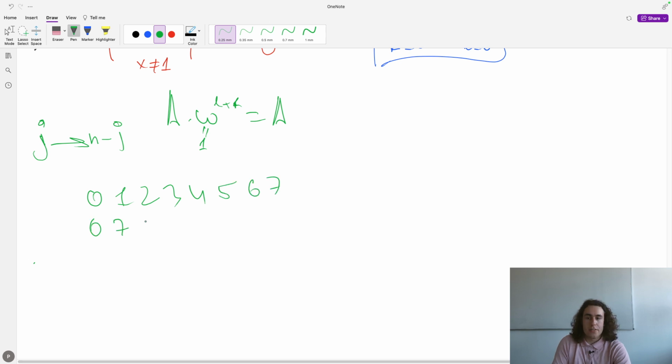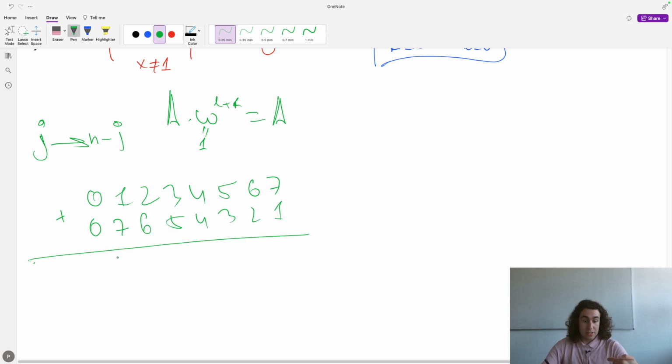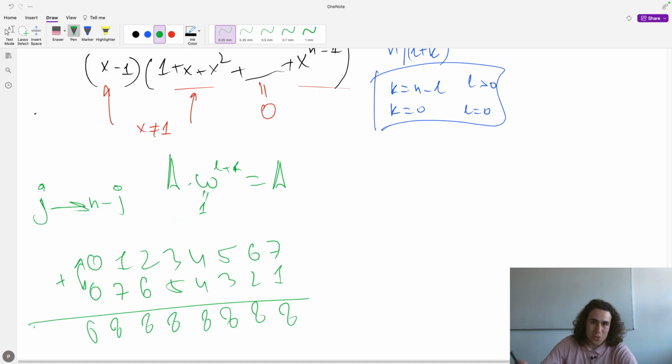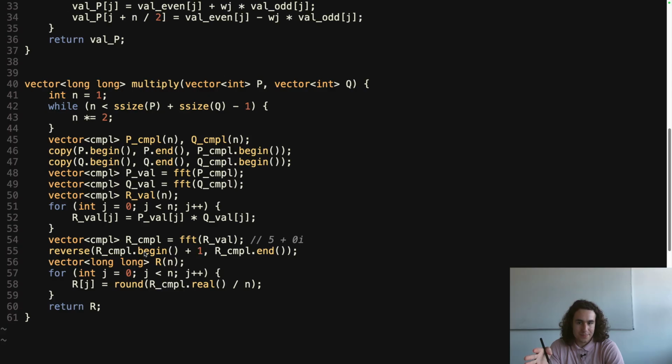And now I need this order. So if I sum them up, they should be divisible by 8, right? So it's 0, 8, 8, 8, 8, 8, 8, 8. Just one problem, right? That n minus 0 is n, and I don't have index n, but it wraps around, so it's still 0. So to do that, I need to reverse everything except for the 0th element.